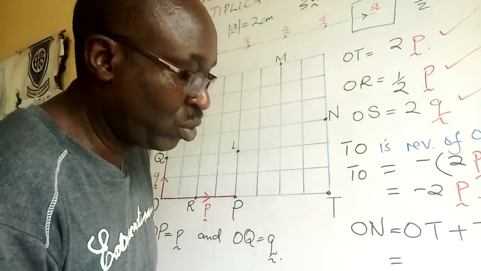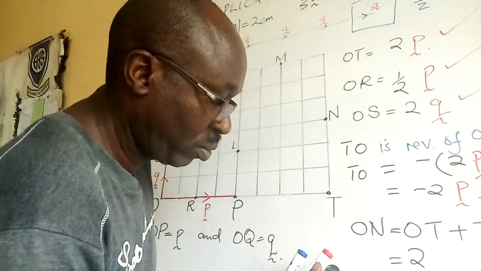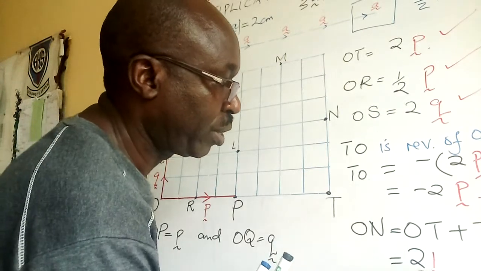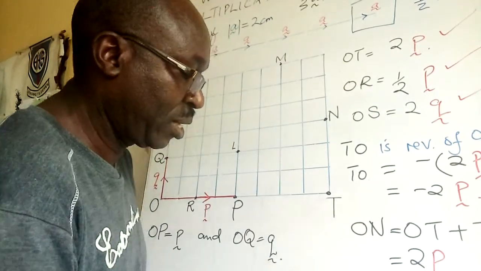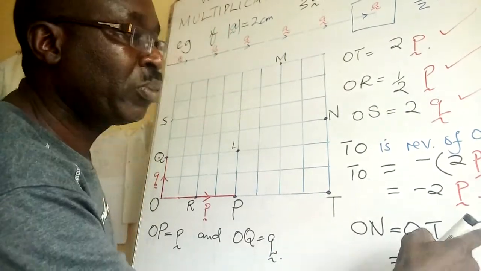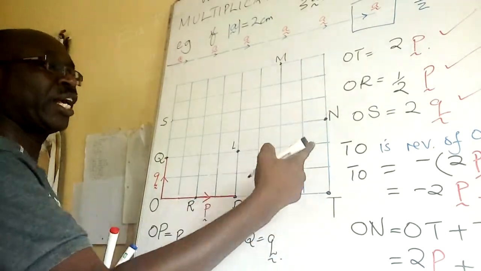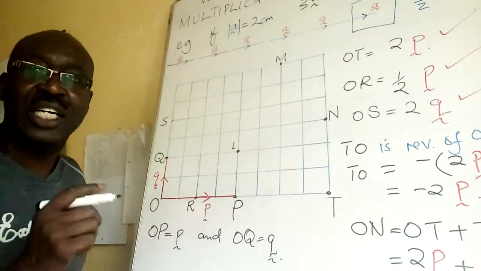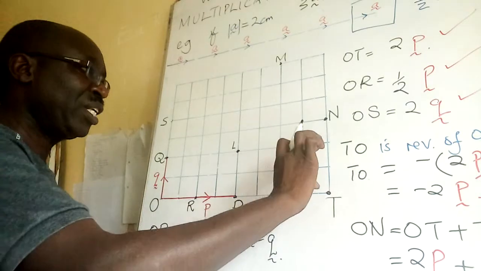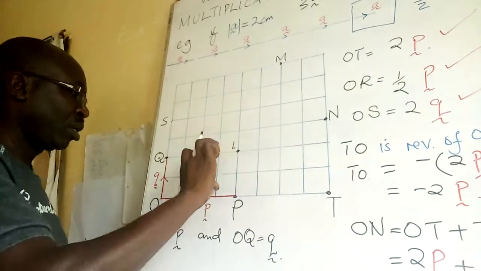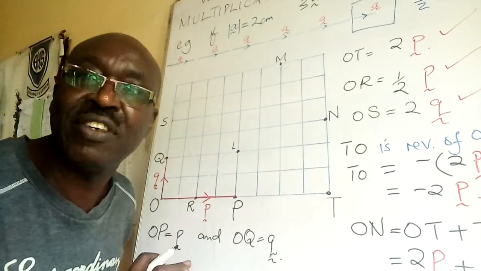So I write 2P. And then, what about TN? From T to N. This is equivalent vectors.